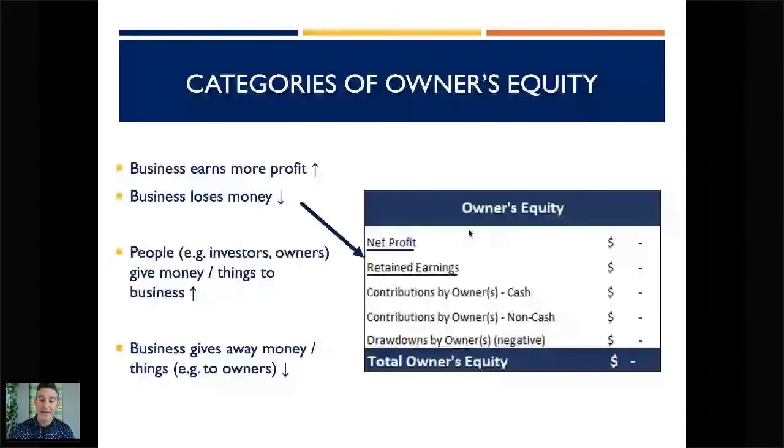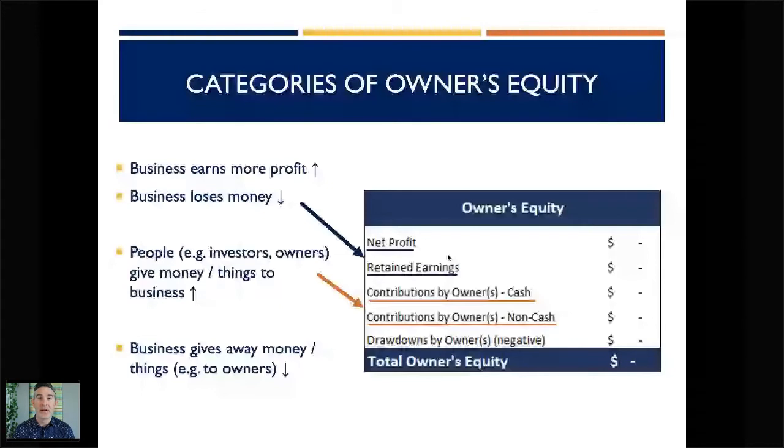I'll explain the difference between those here in a minute, but basically it's the profit that you're earning through the business. The next one would be just literally people giving the business money. Most often it's going to be an owner, or it might be an investor or partner. So you're contributing things to the business. It could be cash or it could be non-cash.